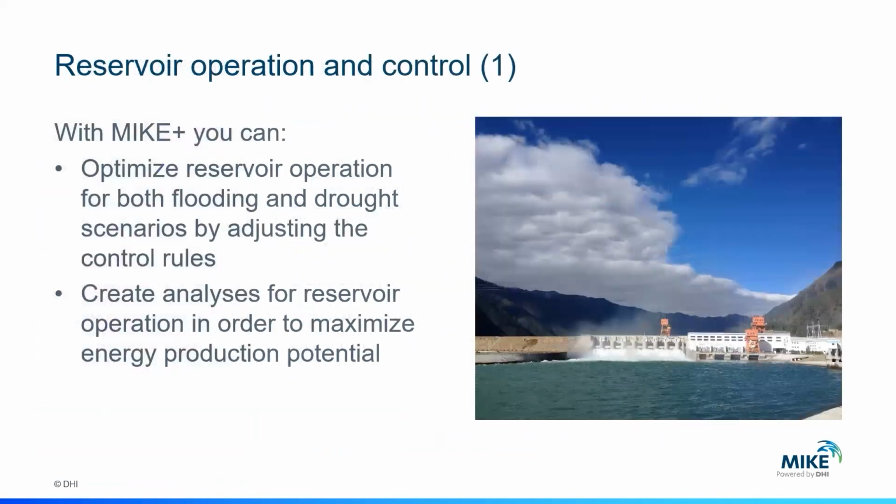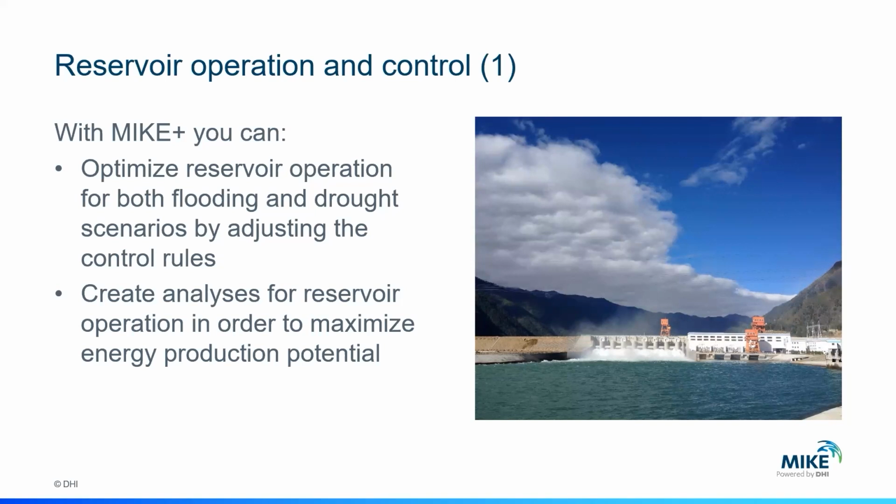As I briefly mentioned on the previous slide, Mike Plus allows for the representation of complex structures such as gates and spillways when we are talking about studies that involve reservoirs, and also offers the possibility to control them based on different sets of control rules that can be easily defined by the user.